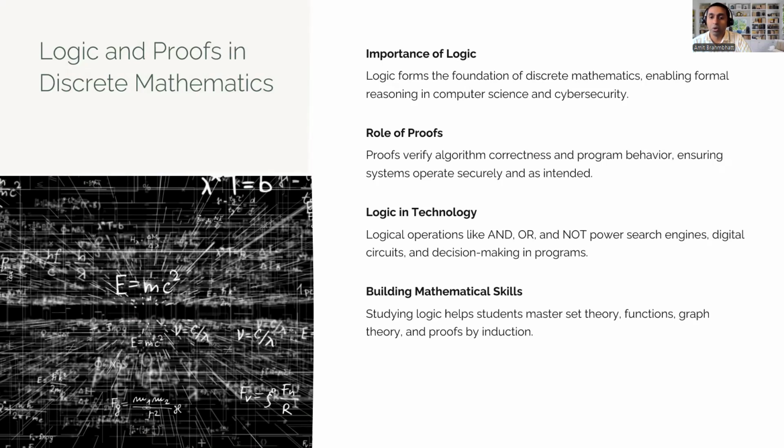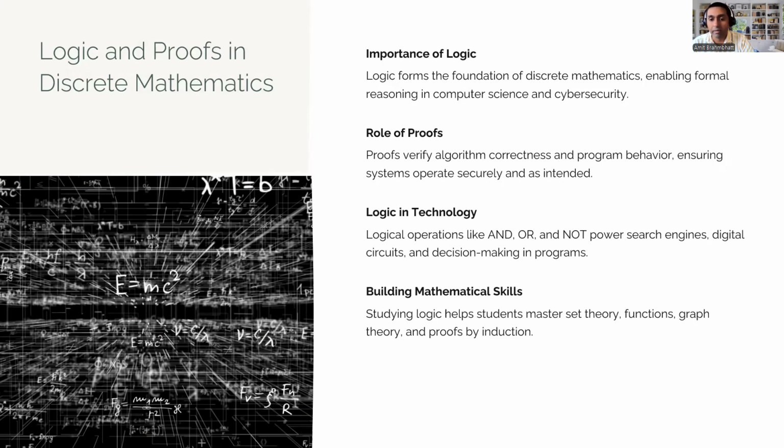Logic is the backbone of discrete mathematics and a critical skill for students in computer science, cybersecurity, data science, and information systems. At the community college level, for this course's context, logic provides a formal way to describe correct reasoning, allowing us to distinguish valid arguments from invalid ones using precise rules rather than intuition.